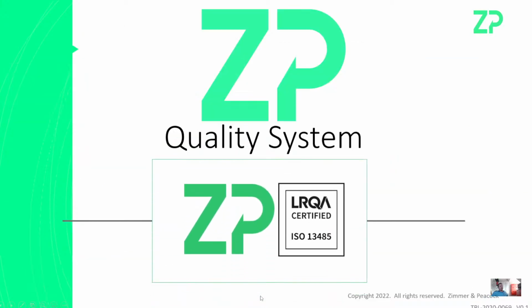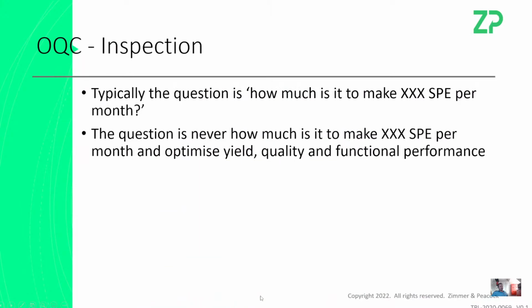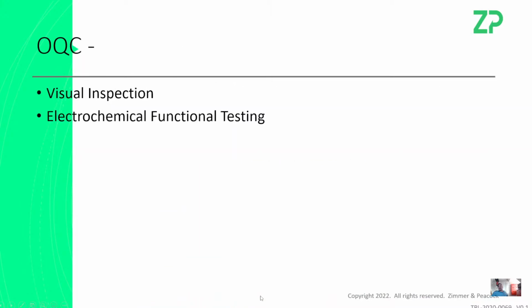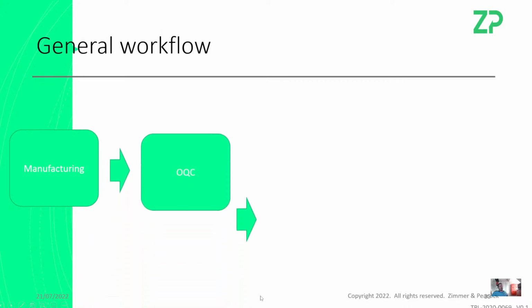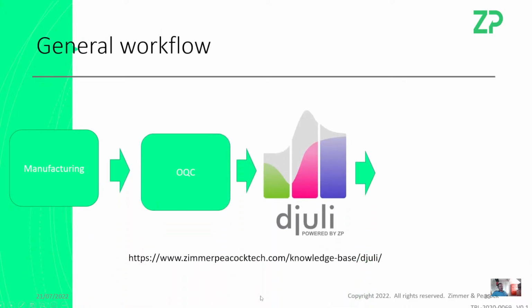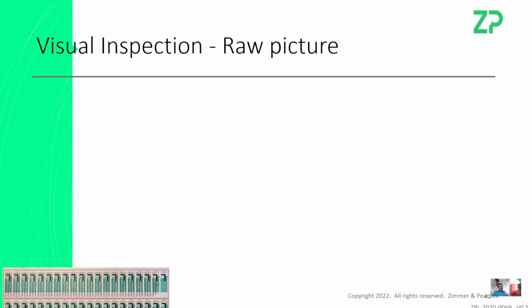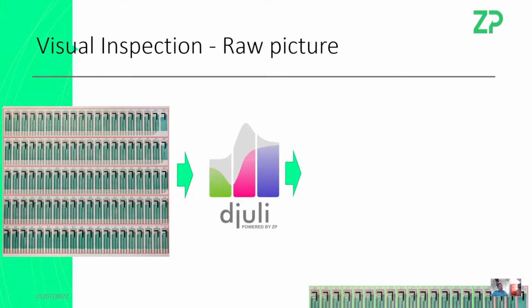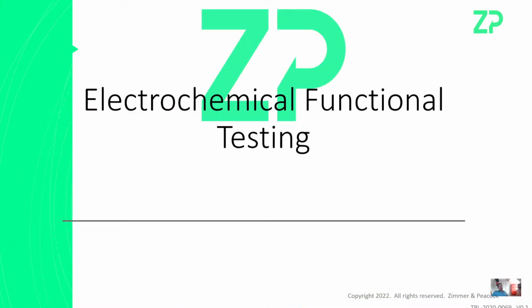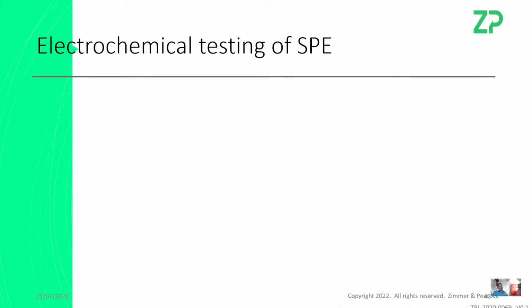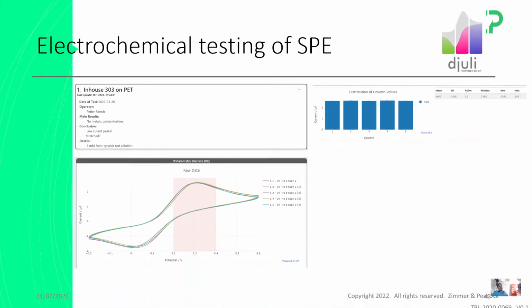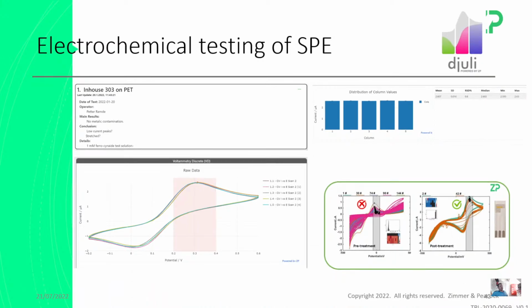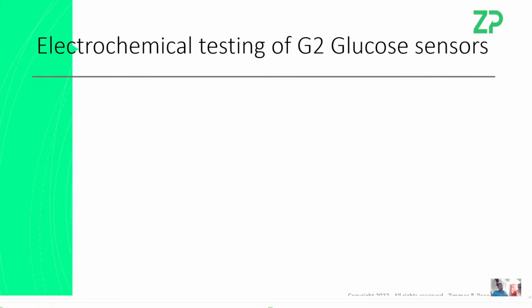I'm going to go very quickly, but, if you're making a screen printed electrode for somebody, you have to think about the outgoing quality control. So you manufacture, you do an OQC, we upload our data to Julie, and we yield it, we package it, and we ship it. Everyone does visual inspection, so I'm not going to labor that. Very few people, I think, actually do electrochemical characterization of either final products or screen printed electrodes, but we actually can do that.